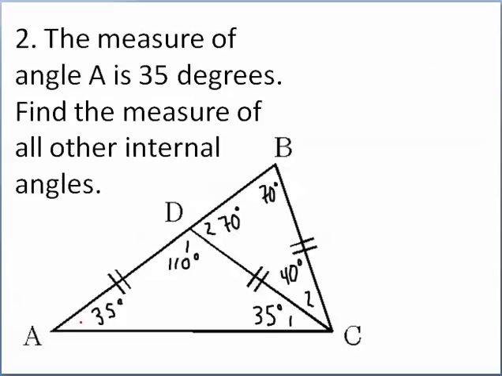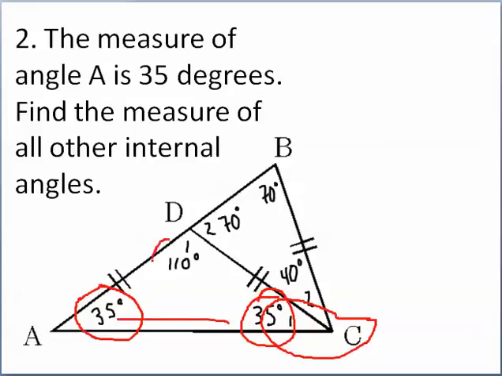Well, if you got this as 35 degrees, which is what it told you, then that also means that measure C1 is also 35 degrees. Subtracting both of those from 180, that leaves us with 110 left over. Any straight line is 180 degrees, so 180 minus 110 is 70. This is an isosceles triangle.